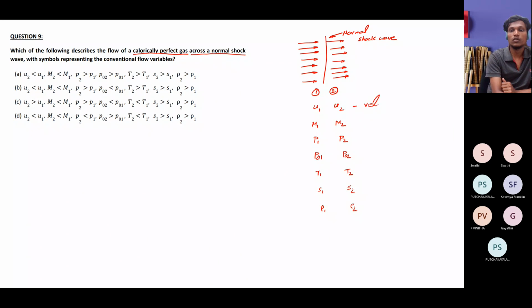This is the velocity. Since it is one dimensional, we are considering only the u component. And this is the Mach number. This is the static pressure. And this is the stagnation pressure.